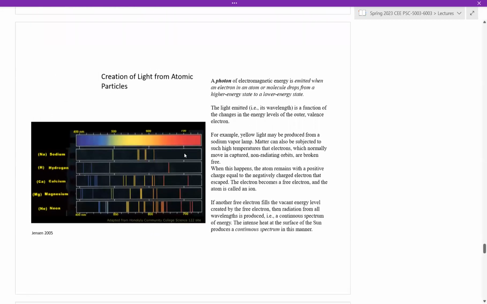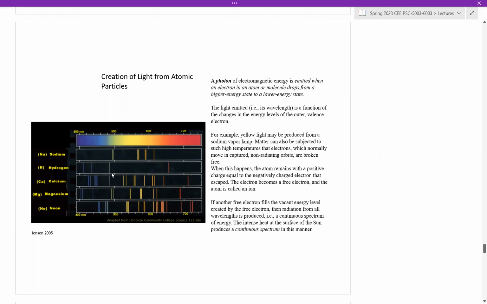Now, different elements, when excited, are going to produce different light, different photons in different wavelengths. So the atom of sodium, when the electrons are excited, will produce photons in very specific bands.